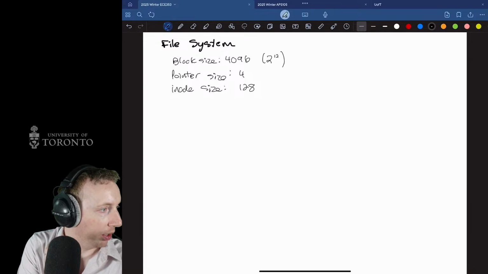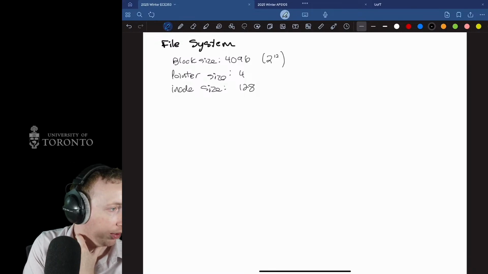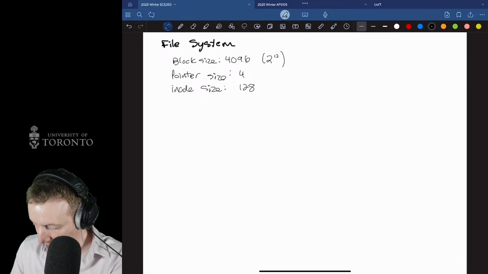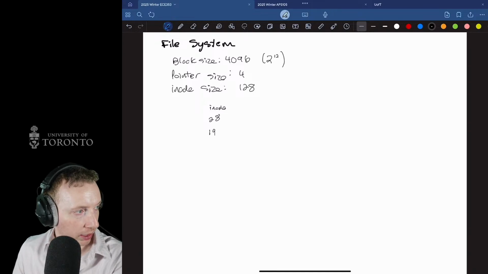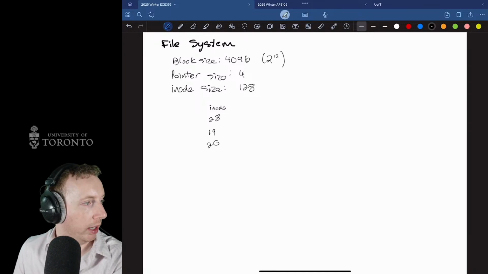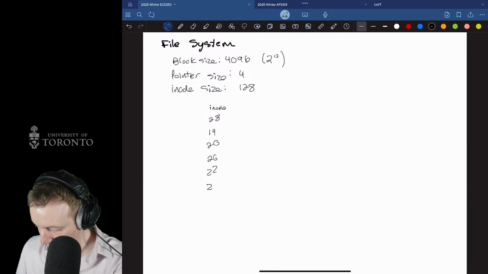So we do ls, and it looks something like this. There's our inode column: 18, 19, 20, 20, 22, 26.